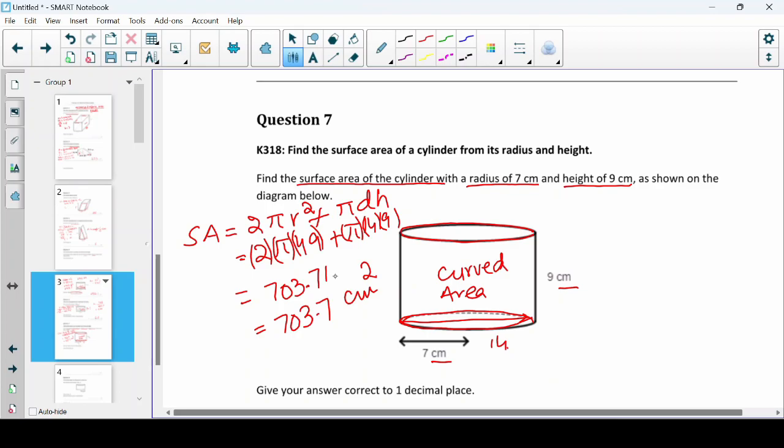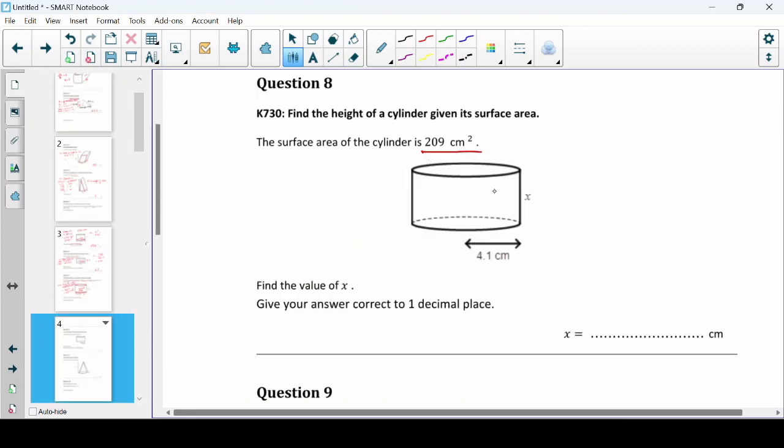And the next question with us is, the surface area of a cylinder has been given to us, and we have to find the height. The formula remains the same. We have to just manipulate the formula. 2 pi r square plus pi dh.